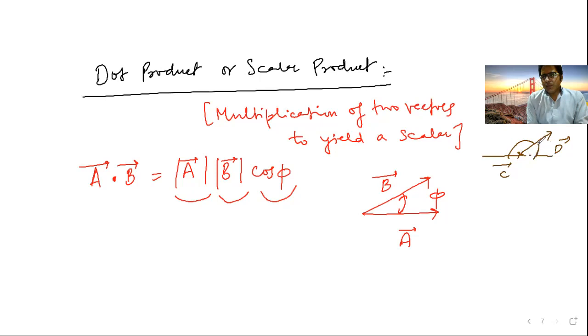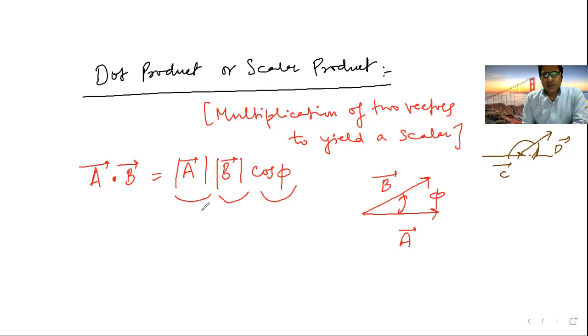This is the angle between these vectors, right? So A dot B is magnitude of A, magnitude of B into cosine of the angle between the vectors. Magnitude of A is a number, magnitude of B is a number, cos phi is a number. So it is a product of three numbers. That's why it is a scalar, and that's why we call it a scalar product, right?